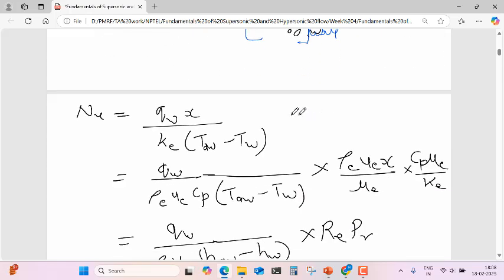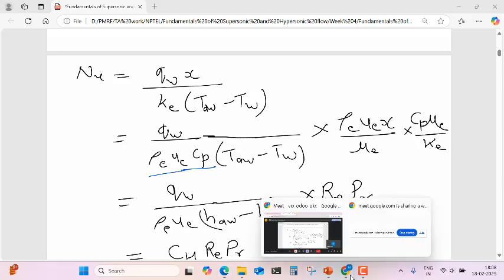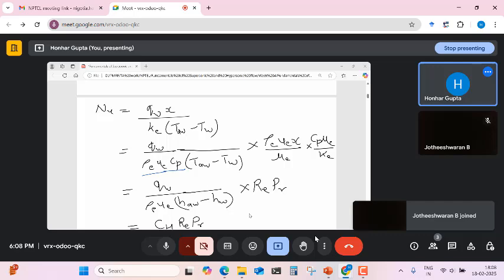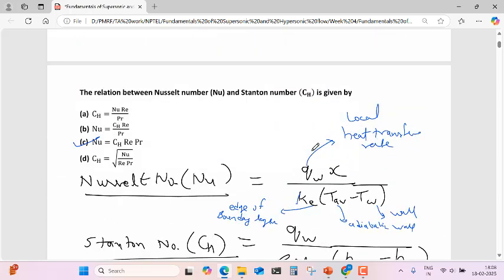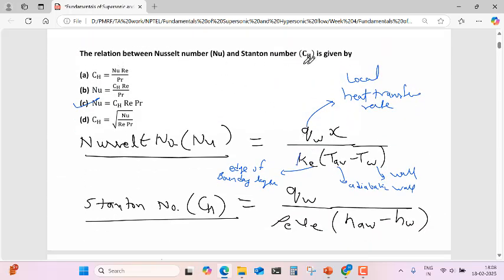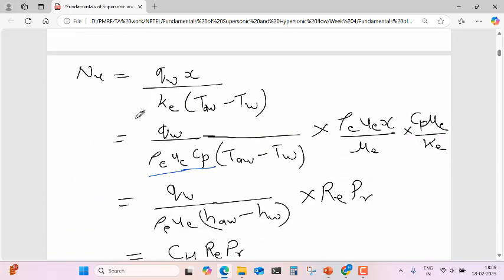So we will start with the Nusselt number definition. Nu equal to Qw x upon Ke (Taw minus Tw). What we will do is multiply and divide by rho e Ue into Cp. I was discussing this one problem, the relation Nu equal to Ch Re into Pr, and I was deriving this only.